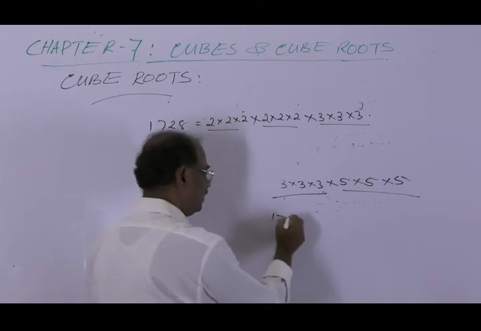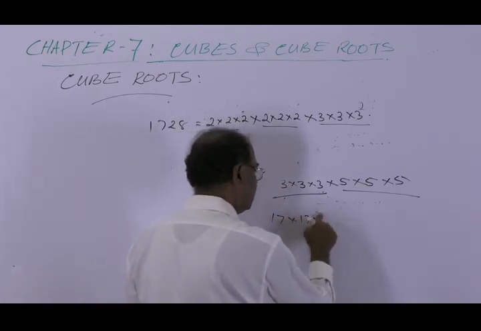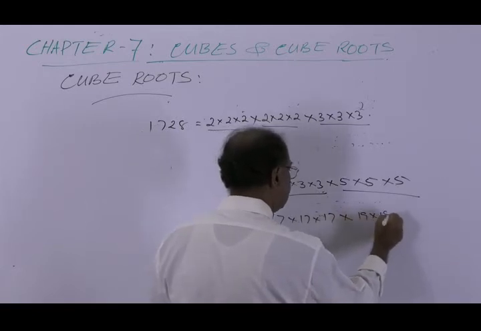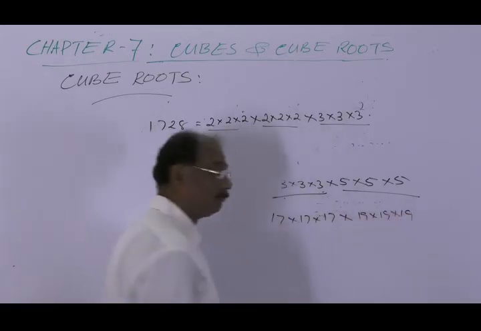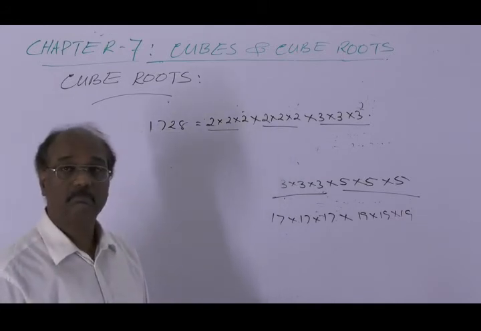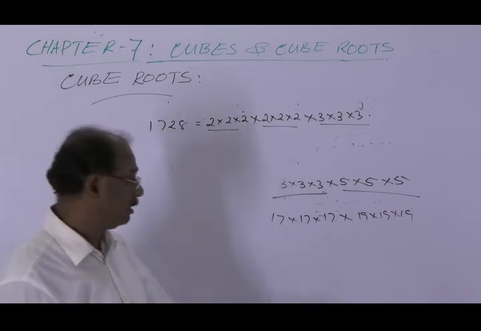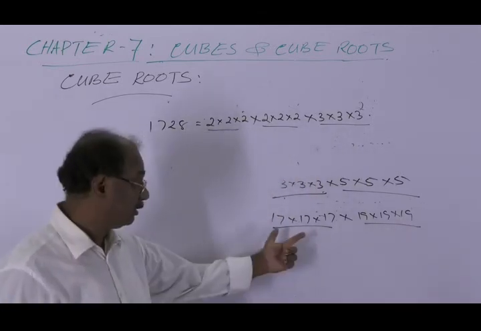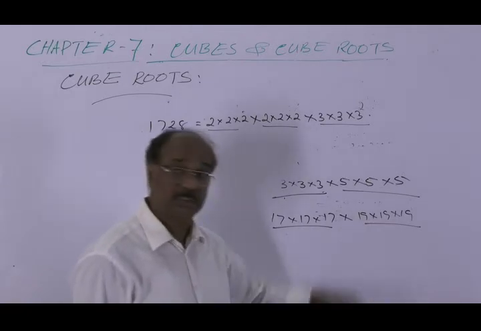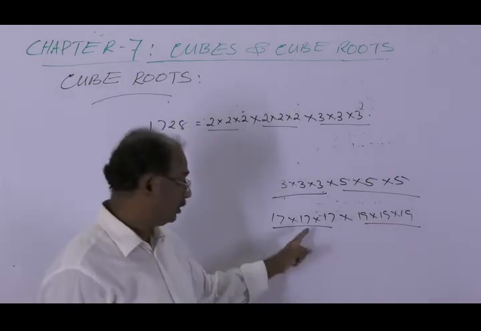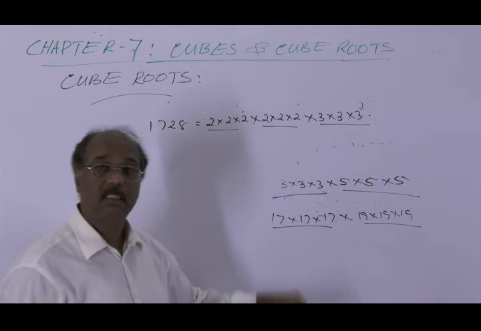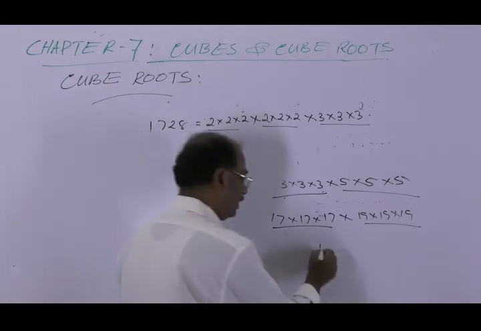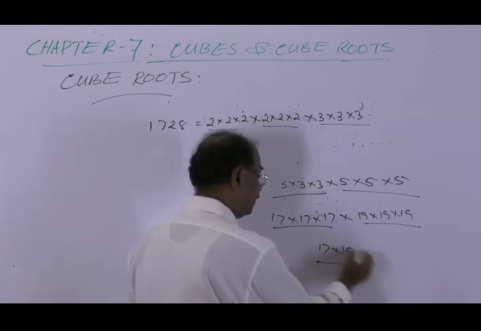Consider this, 17 into 17 into 17 into 19 into 19 into 19. So 17 in triples, 19 in triples. So this will be a perfect cube, and the cube root will be 17 into 19.